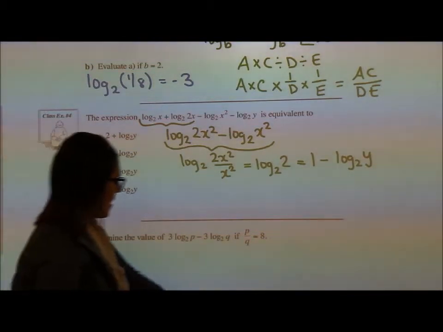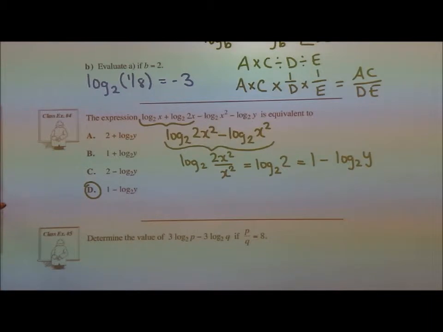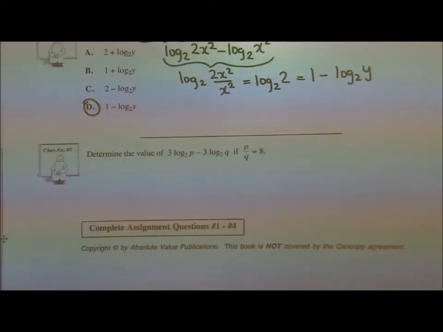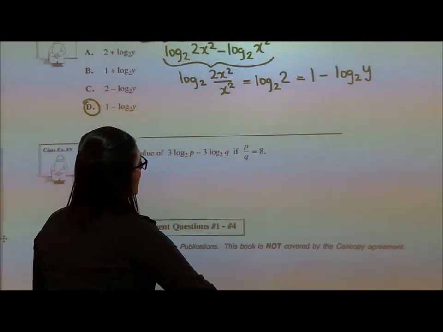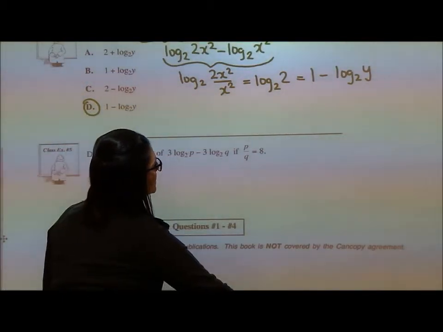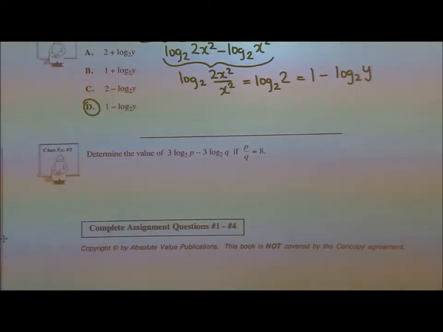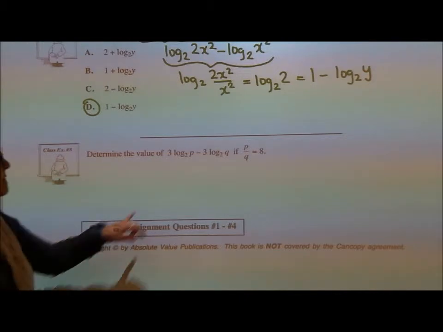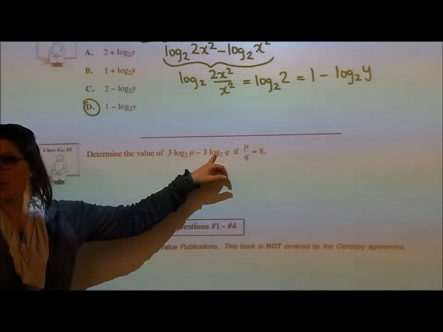Okay. The last one. Determine the value of 3 times log base 2 of P minus 3 times log base 2 of Q if Q divided by P is equal to 8. What do these two terms have in common?